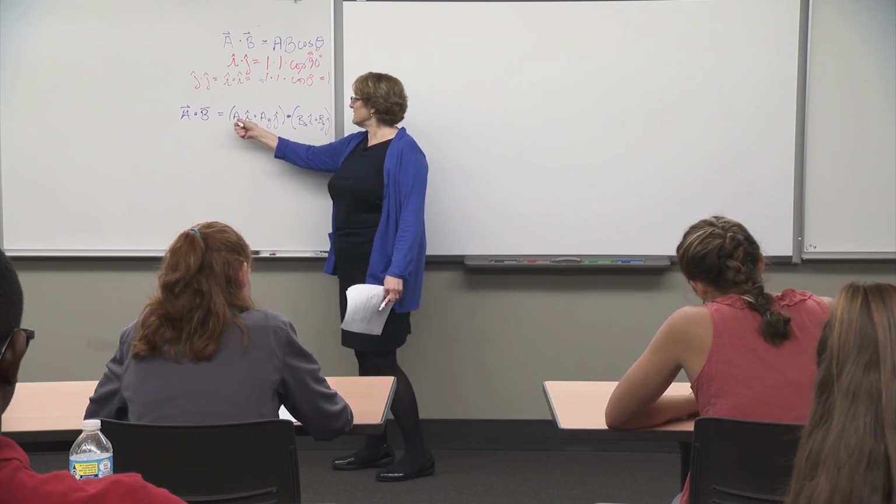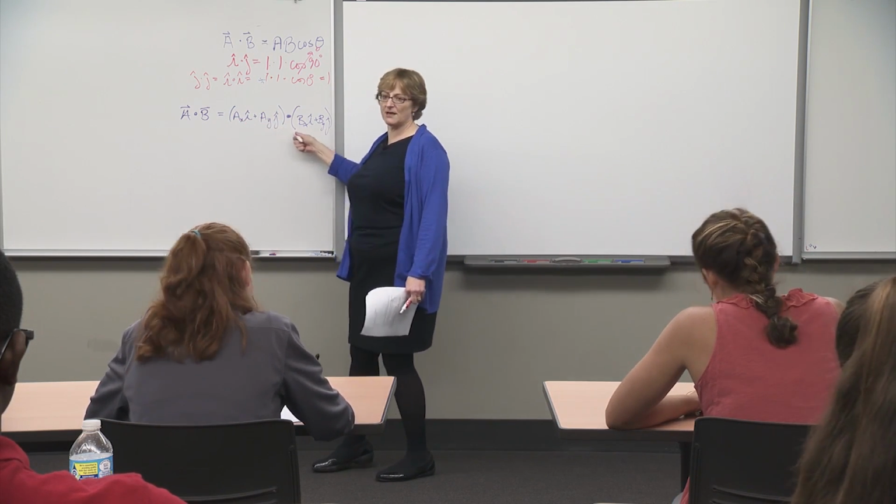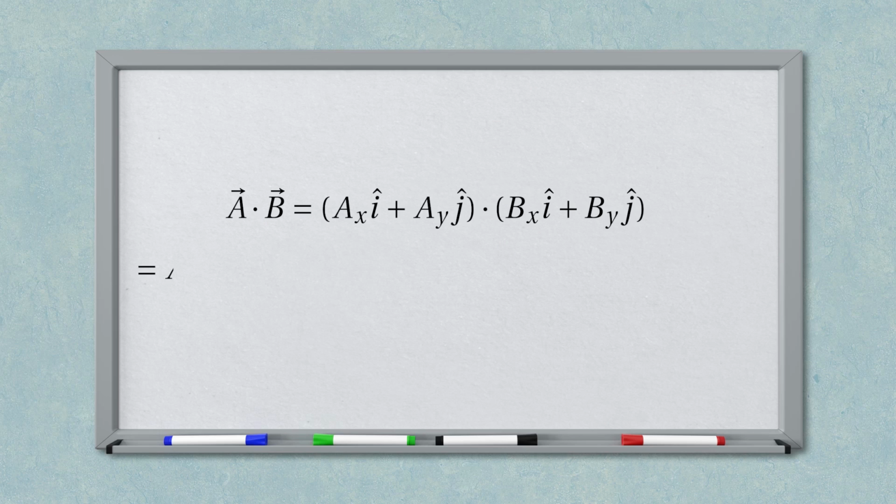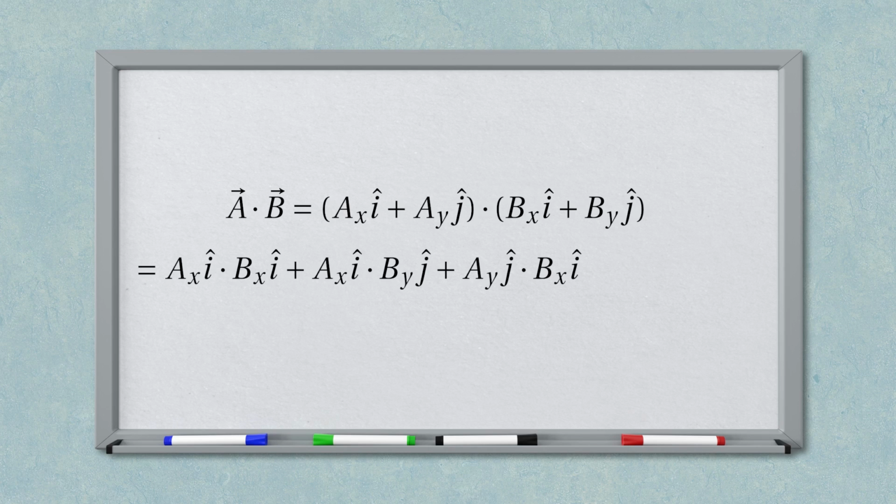So I can take what's in the first parentheses dotted with what's in the second parentheses, which is simply AXI dot BXI, plus AXI dot BYJ, plus, now the second term, AYJ dot the first term here, BXI, and finally, AYJ dot BYJ.